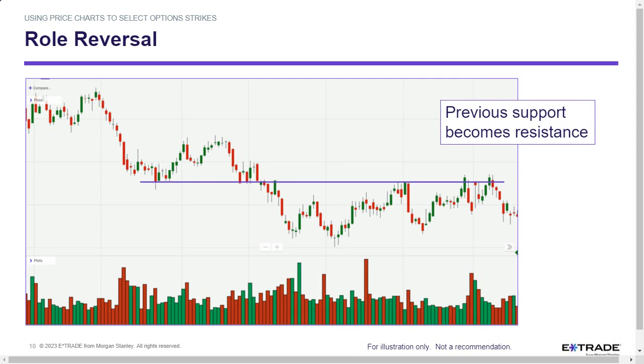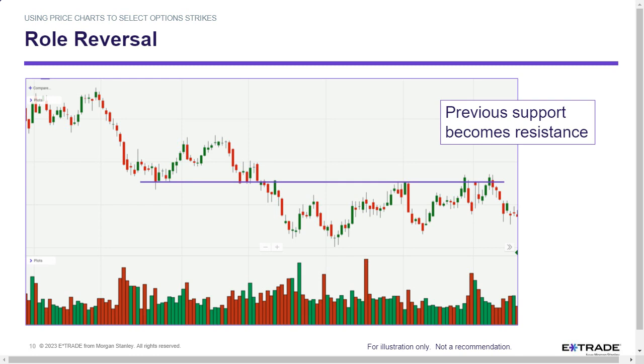Now, a role reversal actually happens a lot in price charts, and it happens over various time frames. Let me define it first, and then we'll explain what happens and why it happens. A role reversal is any time you have a support that then turns around and becomes resistance, or it may happen the other way. You may have a resistance that later becomes support.